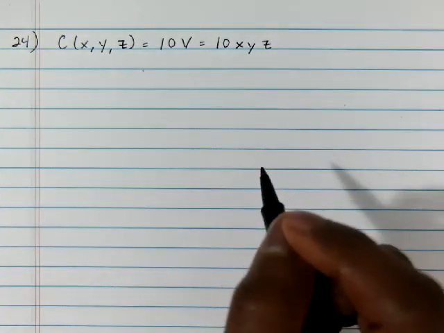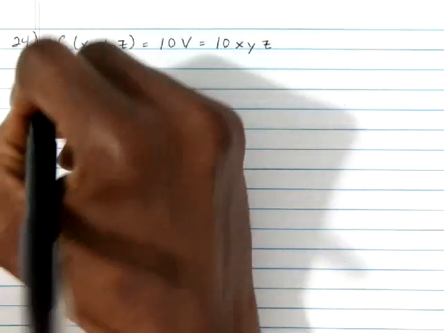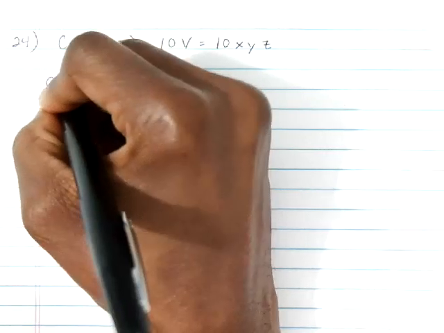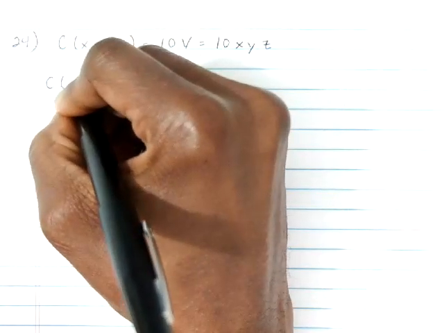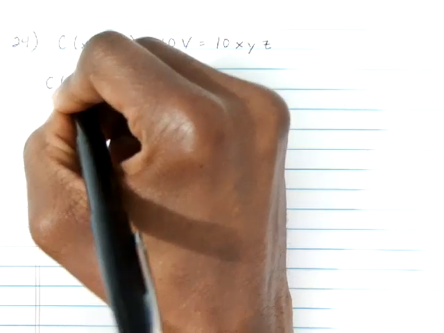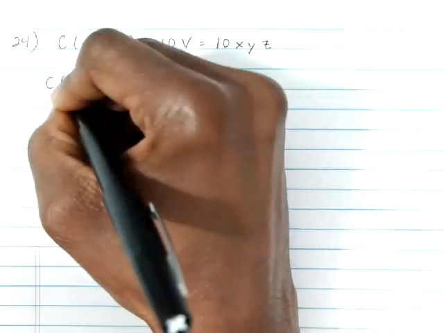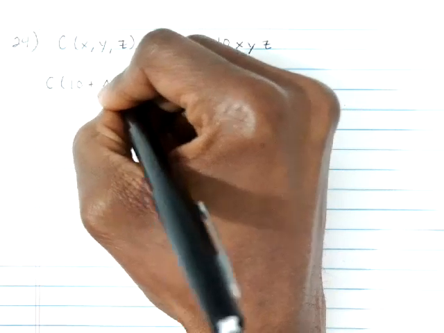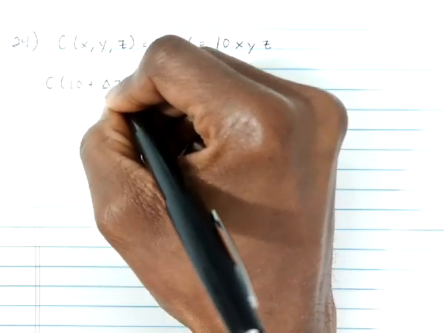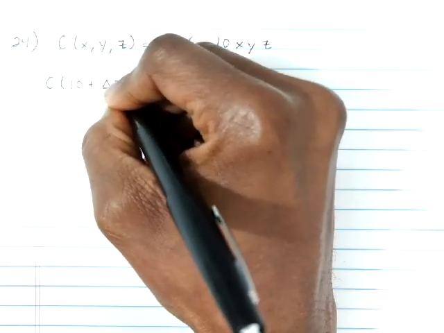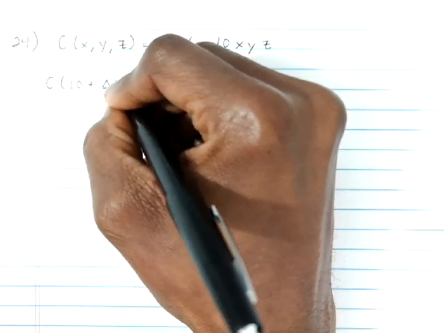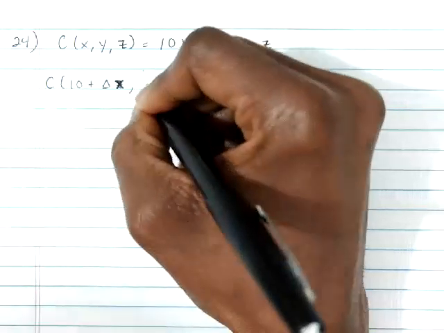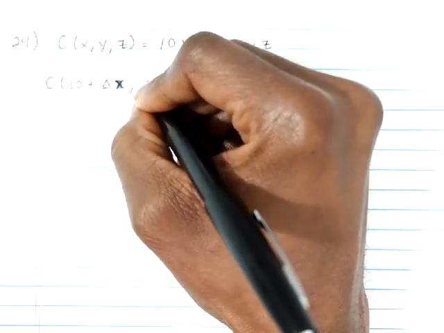All right, so they're asking us to approximate C of, so the length, we'll say, is 10 plus some change in x, sorry. Well, I could have left it as z, but that's an x right there, sorry. And then what was the other one? 8.